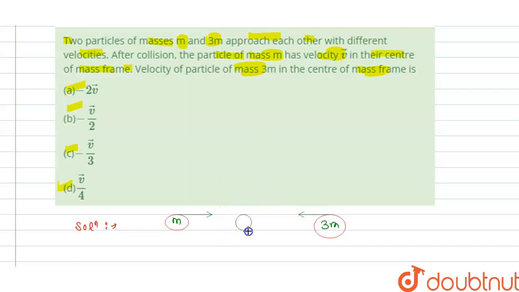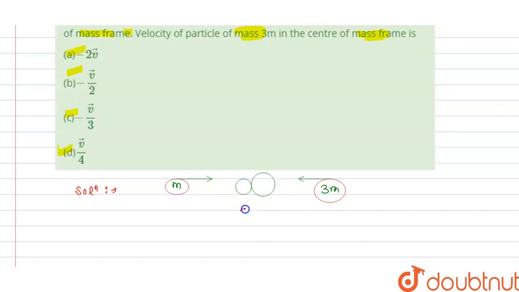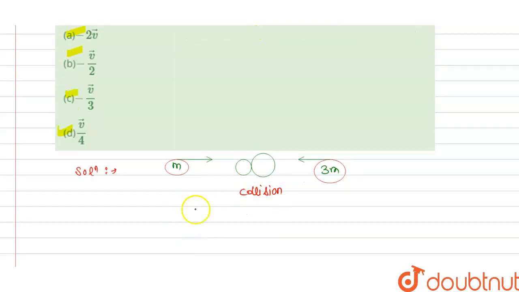Let's suppose they meet here, so collision will occur. So collision occurs at this point, the collision point here. After collision, this is the mass m here and this is the mass 3m particle.